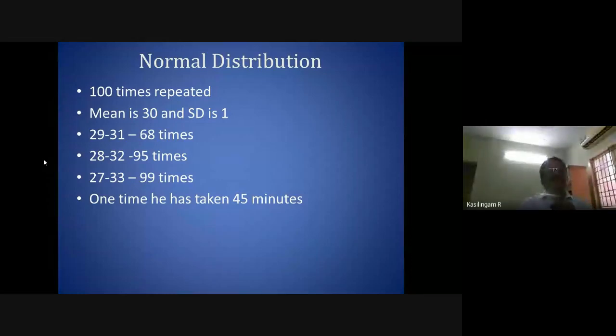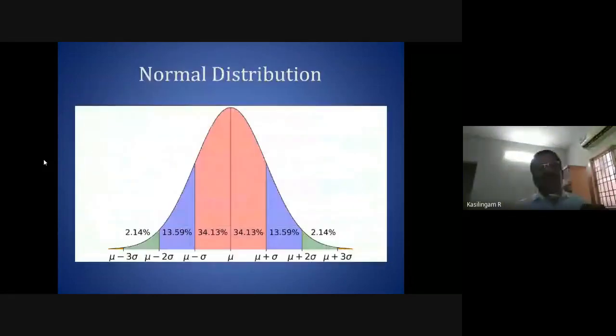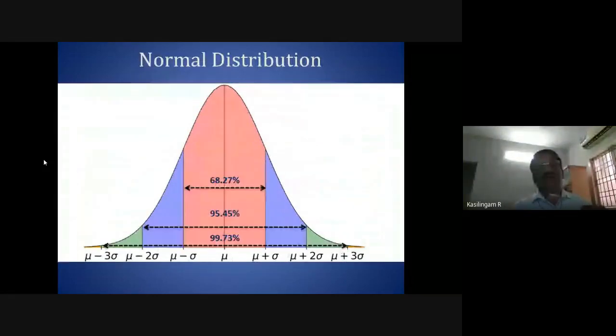Now, mean plus or minus 1 standard deviation: the mean value is 30 minutes, 1 standard deviation, 30 minus 1 is 29, plus 1 is 31.